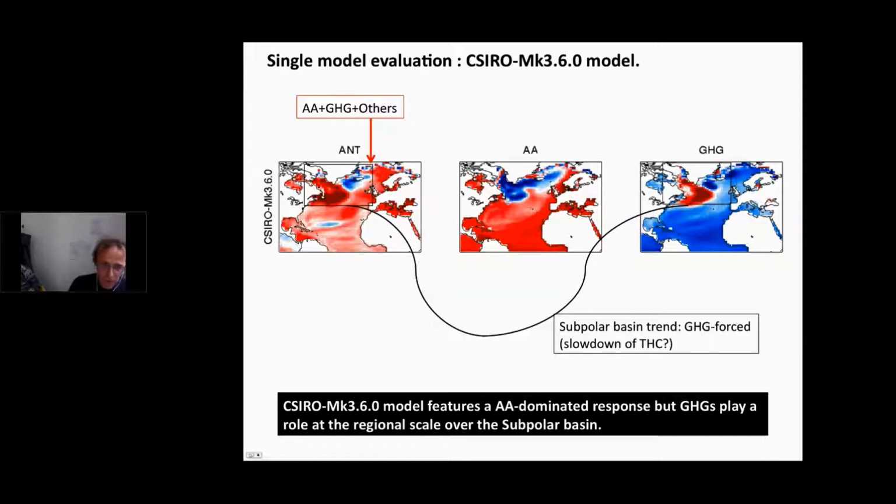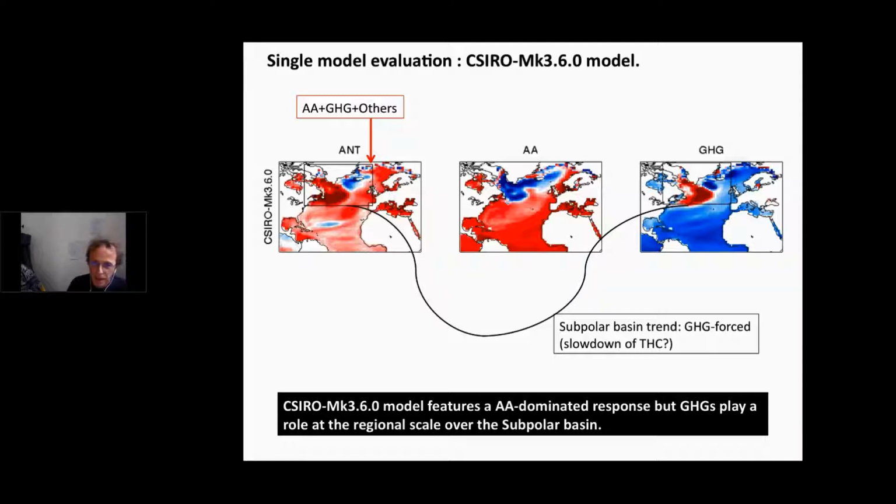Although you see that the anthropogenic response outside the subpolar basin, which is identified by this box over here, seems to be largely determined by the action of aerosols, if we look specifically at the subpolar basin, you will see that there is a very strong similarity with the greenhouse gas forcing only experiment.